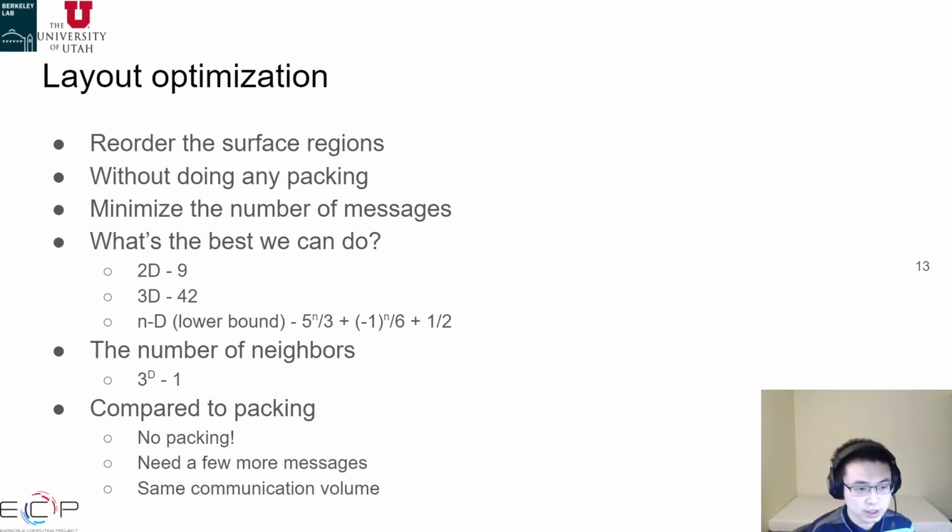So if we compare to the number of neighbors, which is also the number of messages required with packing, then layout optimization is obviously more efficient when the number of dimensions is small.